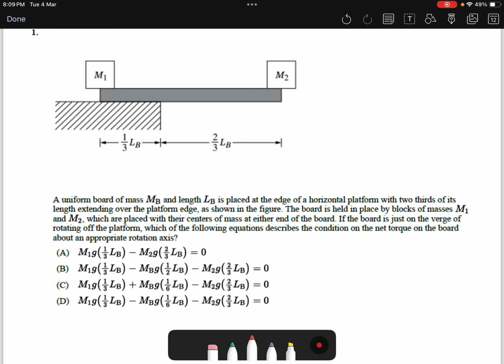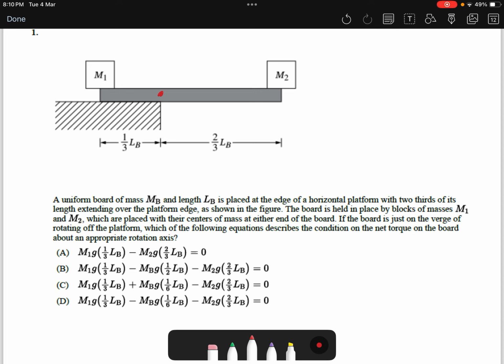The appropriate rotation axis here is this one, because the rod will turn around this point since it's the edge of the table.